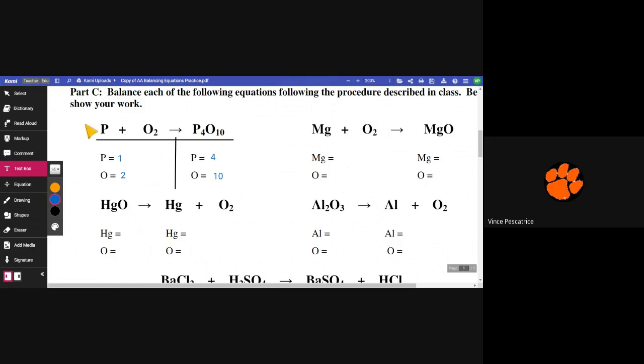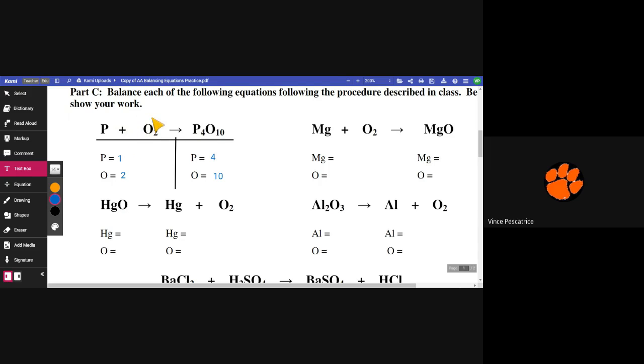If they're bonded together like they are on the product side, then if you put a coefficient in front, it's going to change the entire thing. If you put a coefficient on something by itself, it does not affect things that are separated by a plus mark.